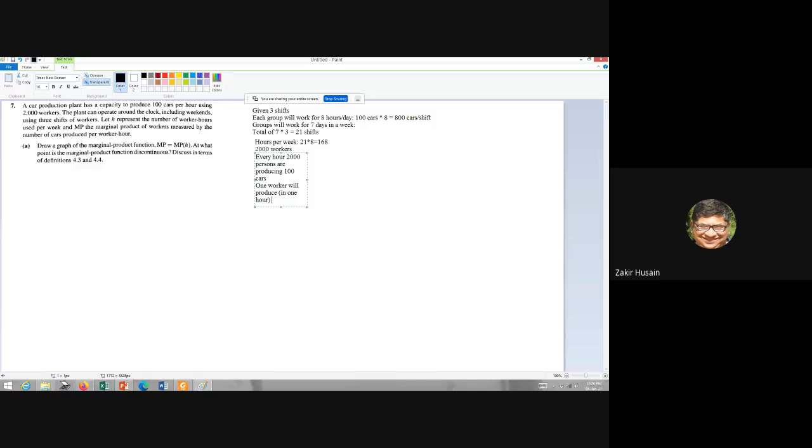So one worker will produce 1 by 20 cars in 1 hour. MP. Okay, so 1 by 20 is 0.05 cars. This is the marginal product.